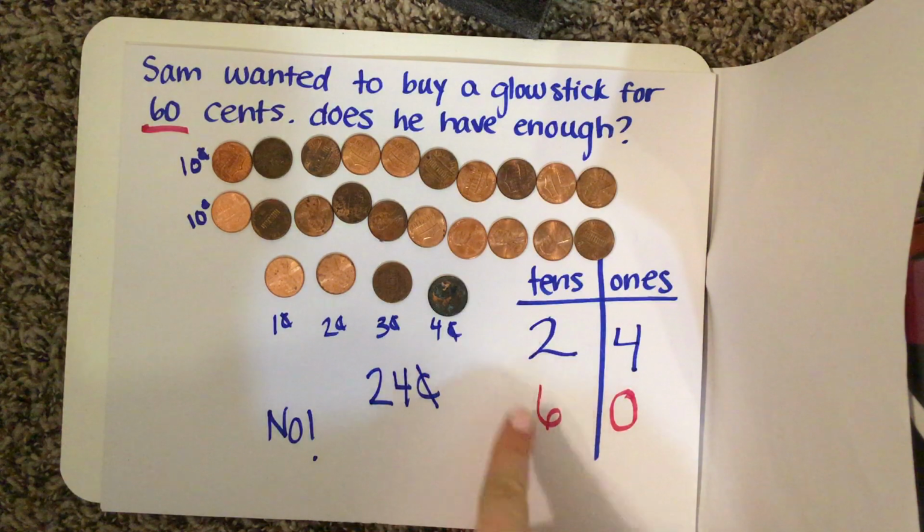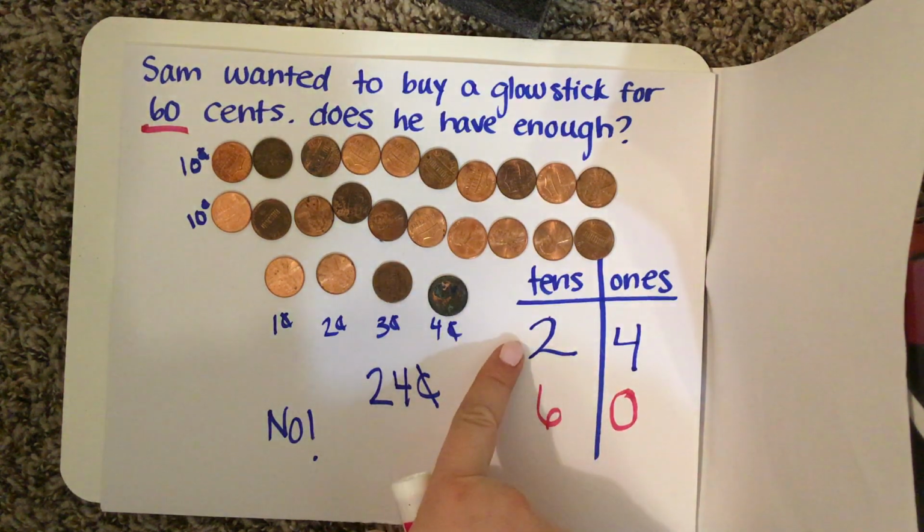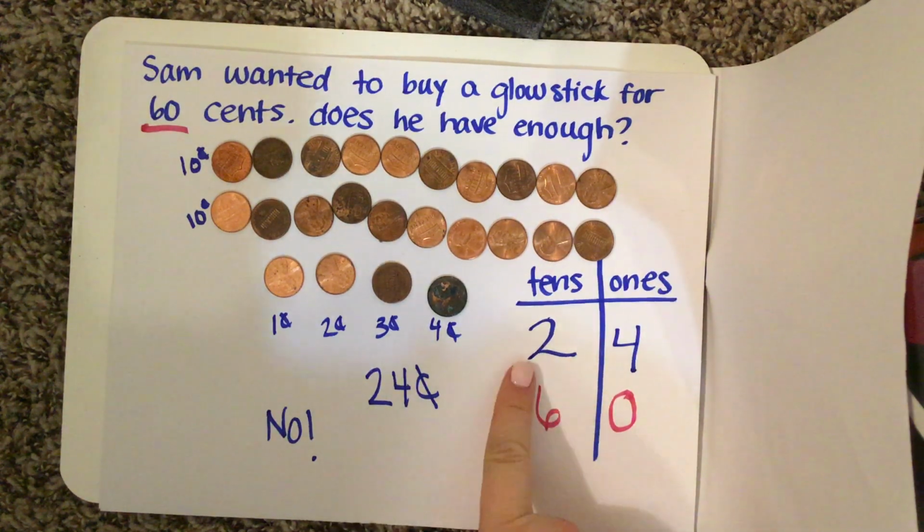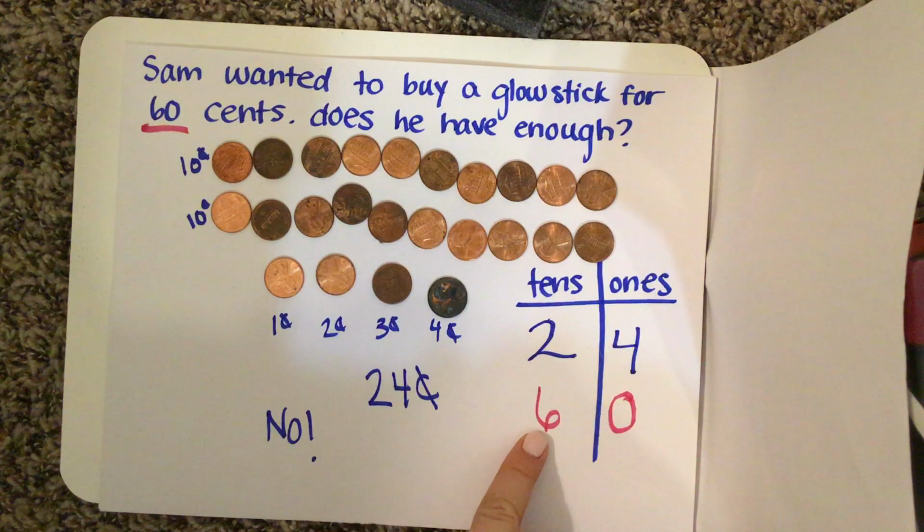So which number has a greater amount of tens, 24 or 60? If you said 60, you are correct. There are 6 tens versus 2 tens. So 6 is greater than 2, so we know that 60 is bigger than 24.